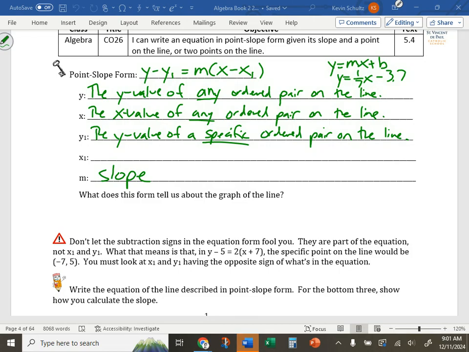And the x1 value, you can probably guess, is the x value of, again, a specific ordered pair on the line.